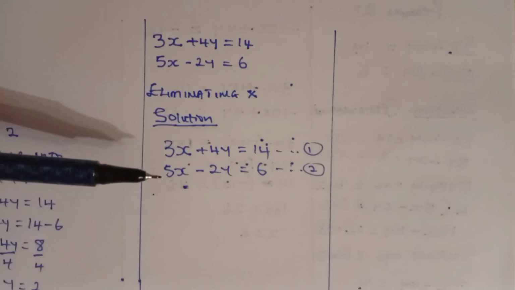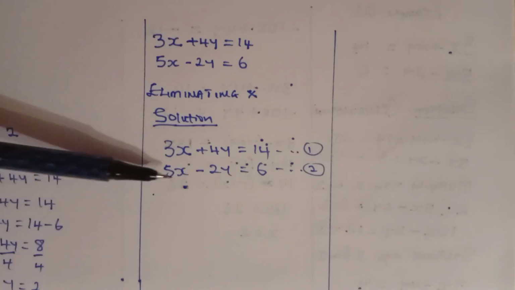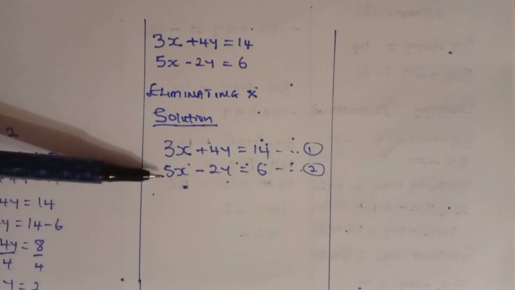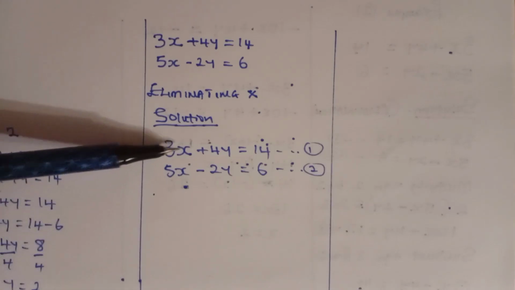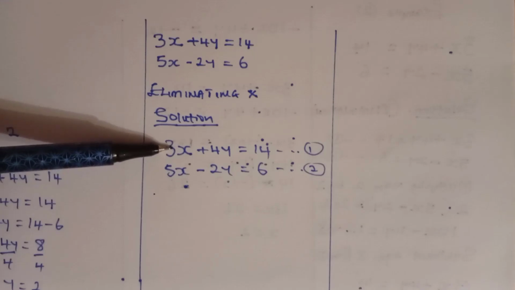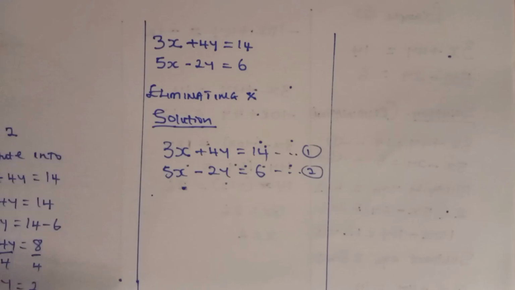Now if you look at equation 1, here is 3x and here is 5x. There is something common between these two. The LCM of 3 and 5 is 15. So for us to balance equation 1 and equation 2 by making the coefficient the same, we have to make the coefficient of x here to be 15, and the coefficient of x in here to be 15.